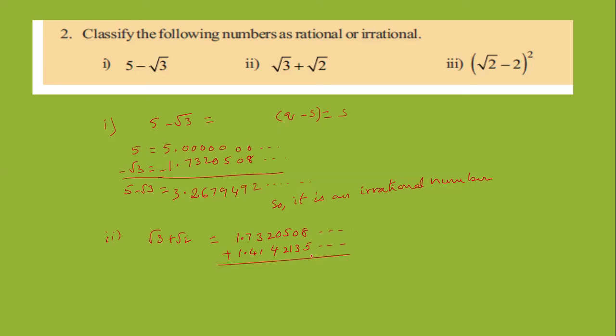Now the sum of these, what do you get? So many numbers. So what do you say? It looks like a non-terminating, non-recurring decimal. Hence it is an irrational. If it is rational, what is possible? Terminating decimals and non-terminating recurring decimals. But what we get here is a non-terminating and non-recurring decimal. Hence it is taken as an irrational.